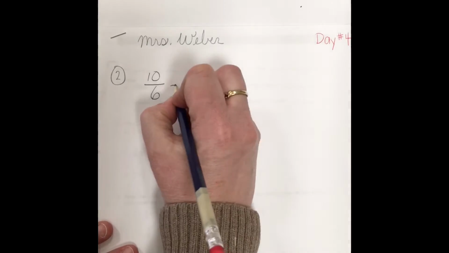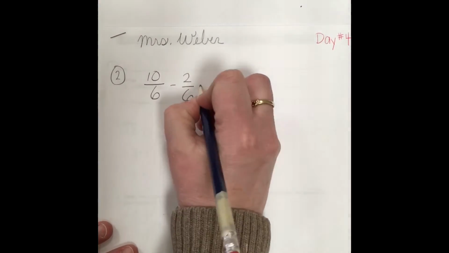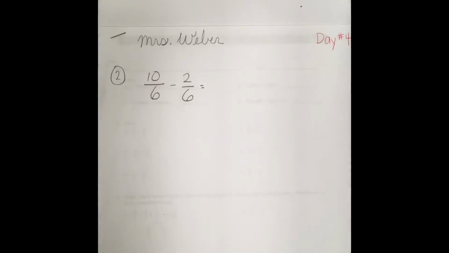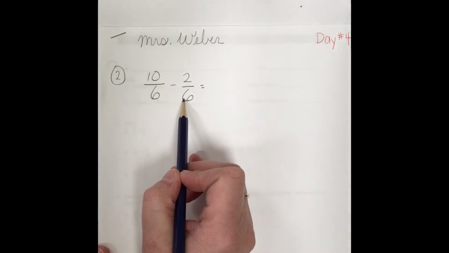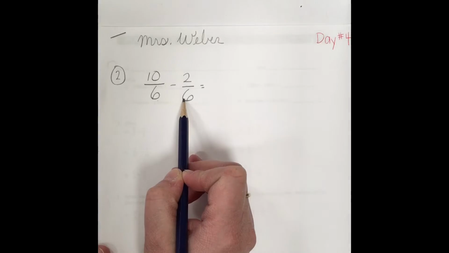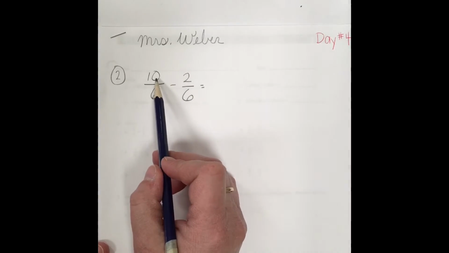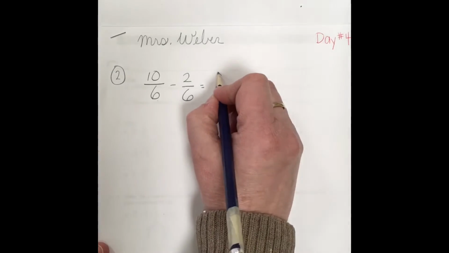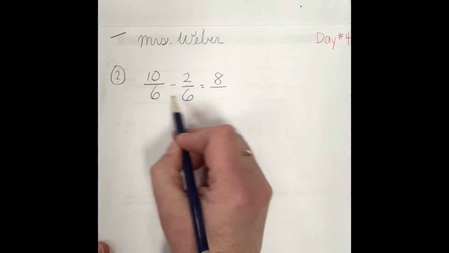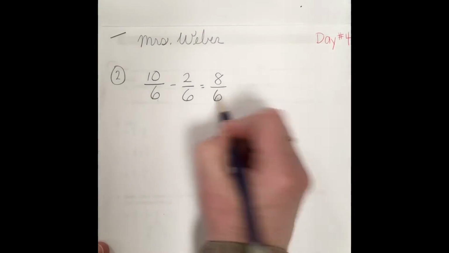Write what I write. 10 sixths minus 2 sixths. All right, we have the same unit. They're both sixths. When that happens, what we do is subtract the numerators. 10 minus 2 is 8, and we keep the same denominators.